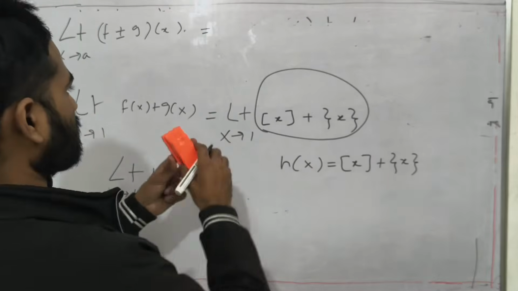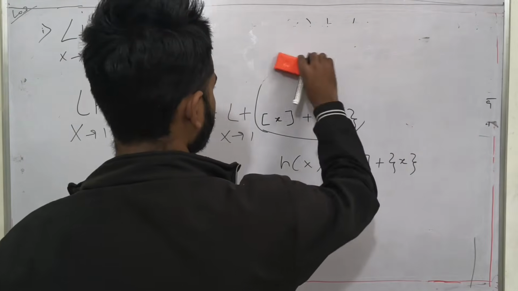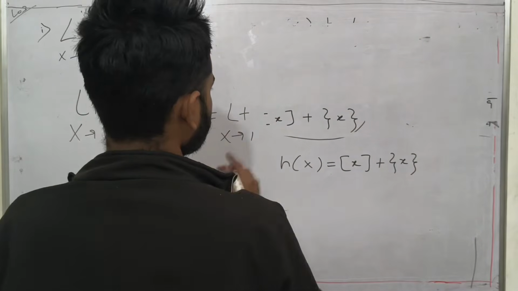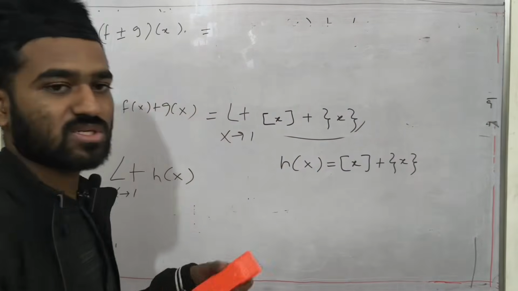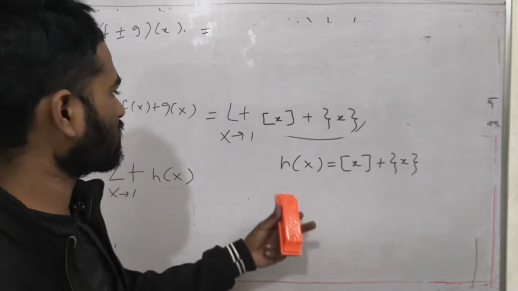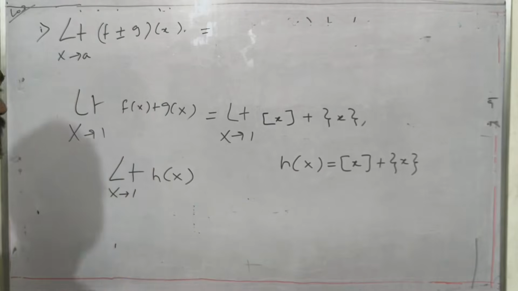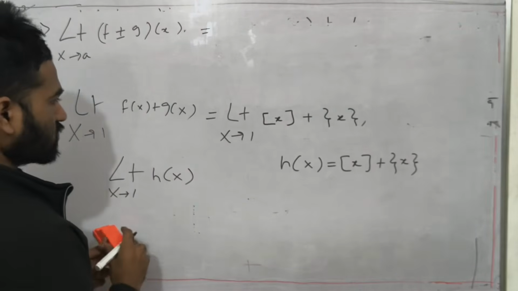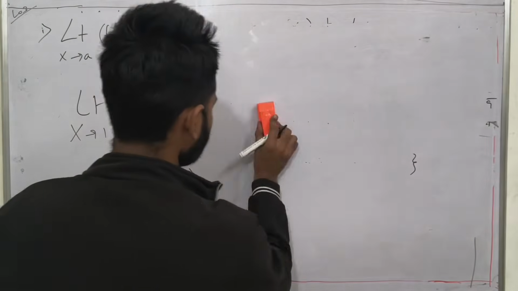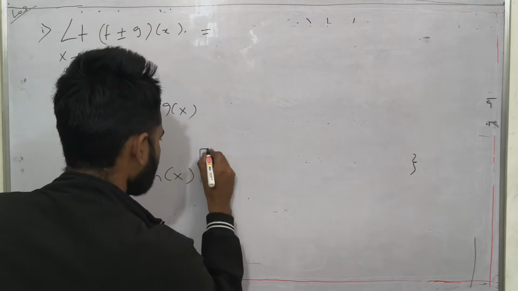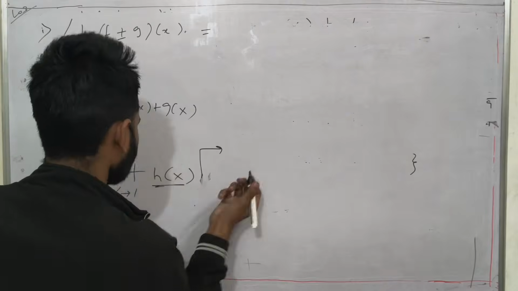We should consider step x plus flower part of x as a single function, that is h of x. Then we should find the limit as x tends to 1 of h of x. Let's find the left hand limit of the function.